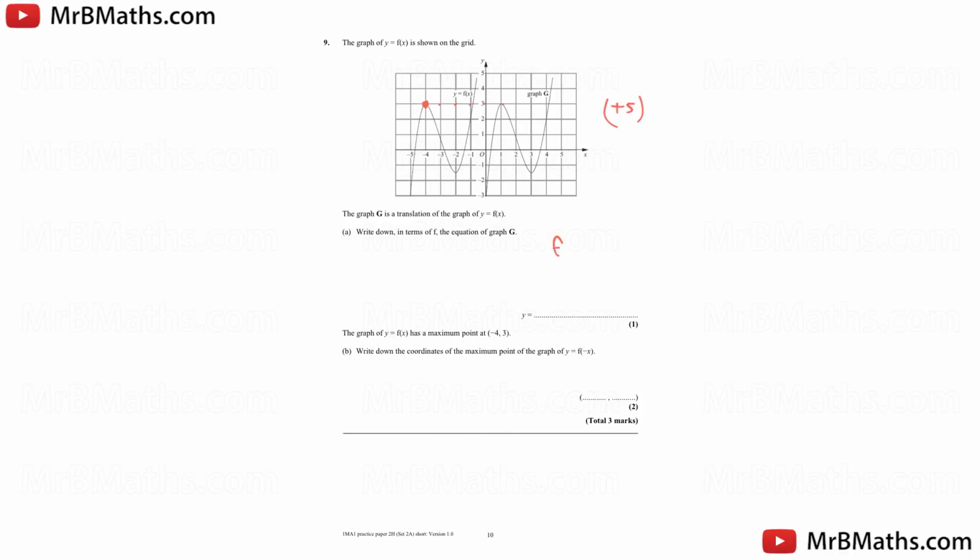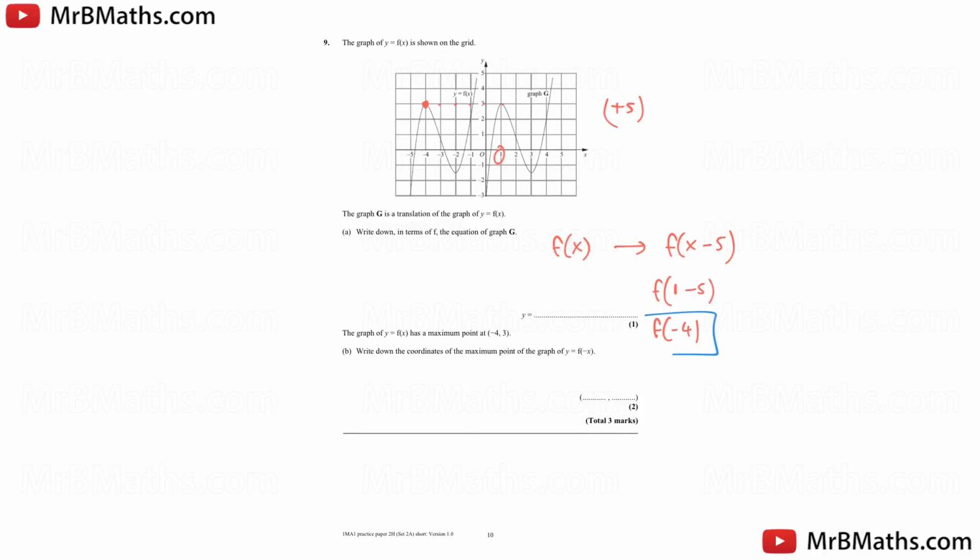So if our original is f of x, this has now gone to f of x minus 5. So it's the opposite of what occurs. And the reason for that is because if I put in this value of 1 in the f of x, this 1 take away 5 will actually be the value of f of minus 4 in the original.